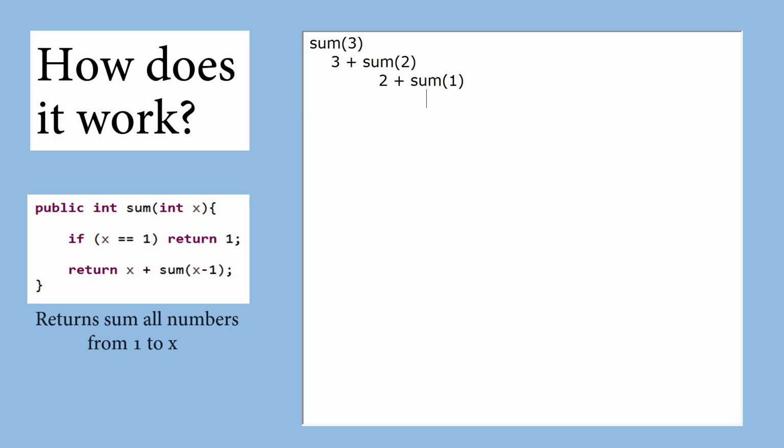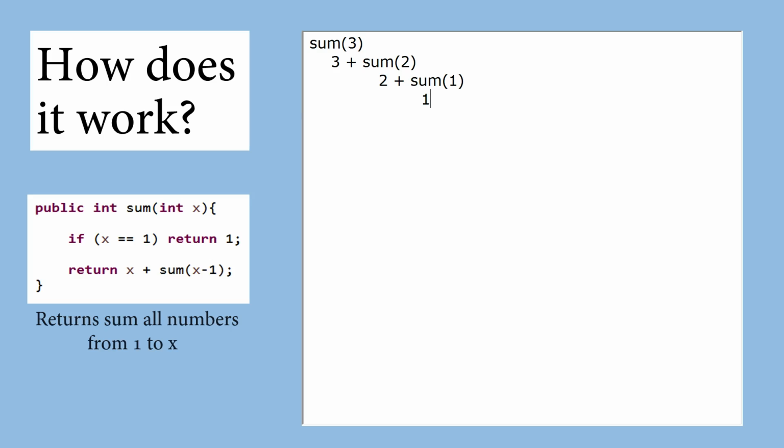And sum of 1 is going to be our recursive method in its simplest form because it follows the base case. So if we do sum of x and we set x to 1, first we check to see if x is equal to 1, and it is, so we just return 1. We don't call the method again, so we don't need to add anything onto 1.